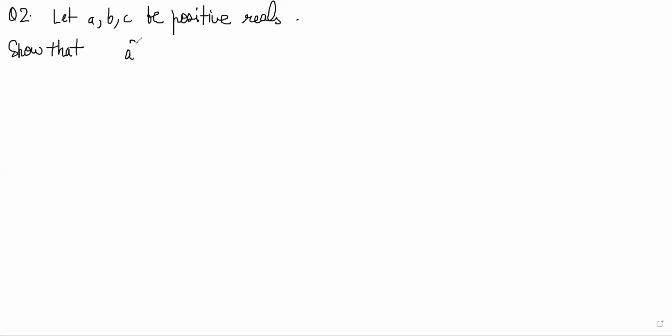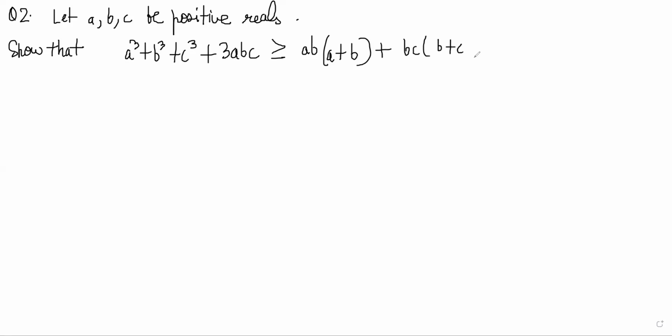So this is question 2. Let A, B, C be positive reals, and we have to show that A³ + B³ + C³ + 3ABC is greater than or equal to AB(A + B) + BC(B + C) + CA(C + A).